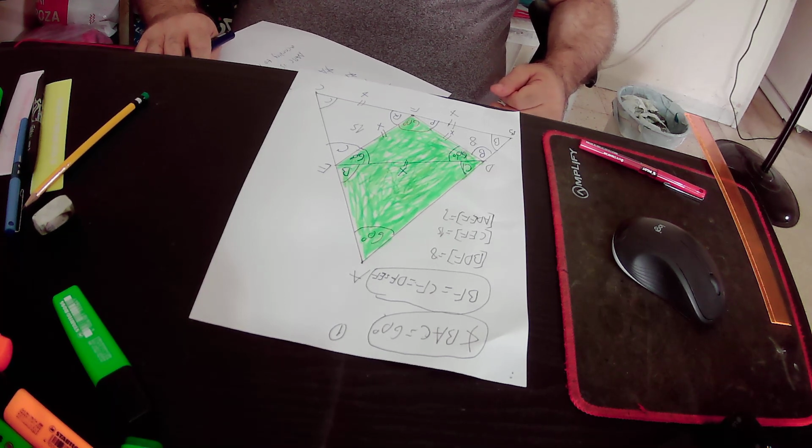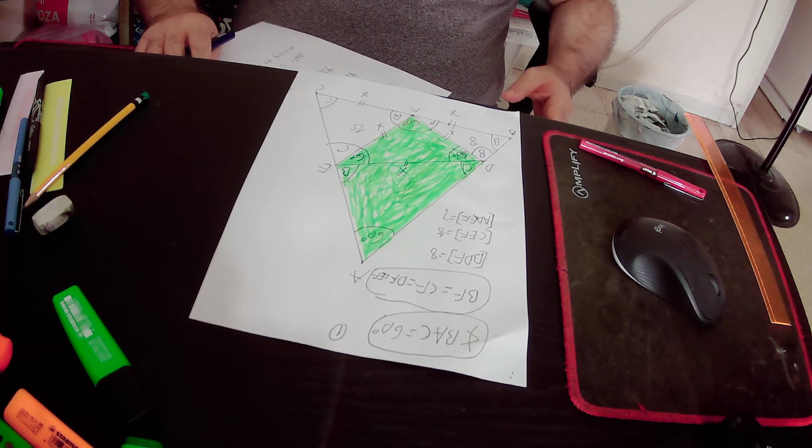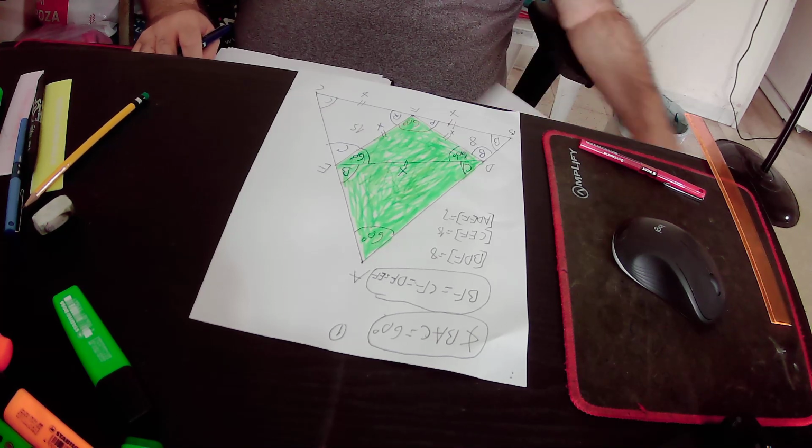and before I present you the relationship between those two similar triangles, we have a rule. I will call it rule number 4.